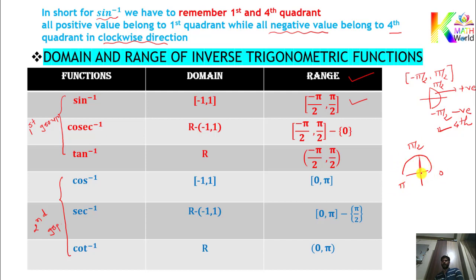Again in the same way, all positive values give the first quadrant, while for all negative values you get which quadrant? In the same way you get the second quadrant. So you can see there is another similarity in both these groups. For all positive values, for both these groups, you get the first quadrant only.